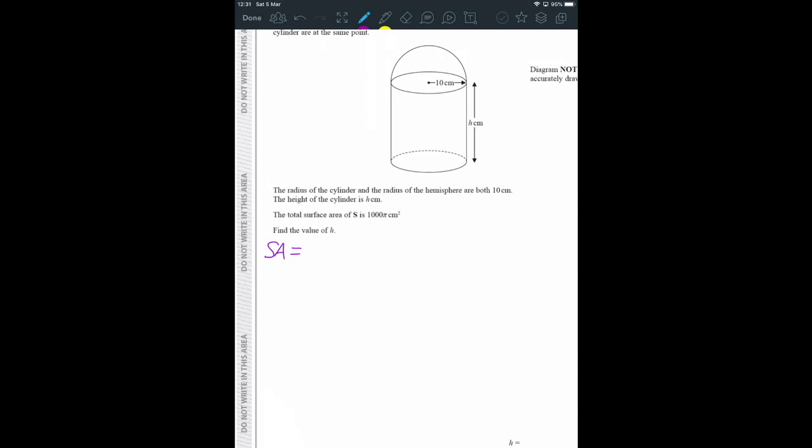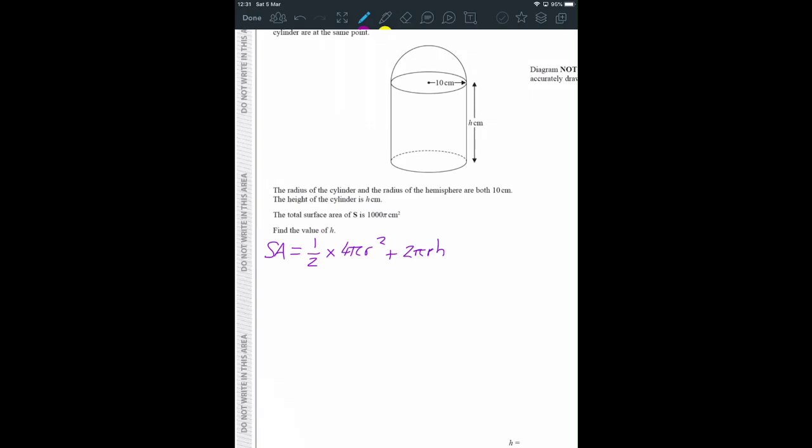Now, if we look at the shape, we've got the hemisphere on the top, which is going to be half of the surface area of sphere. Look back to the front page, surface area of sphere is 4 pi r squared. We've got to add on the curved surface area, which is 2 pi r h. Again, that's on the formula sheet at the front.